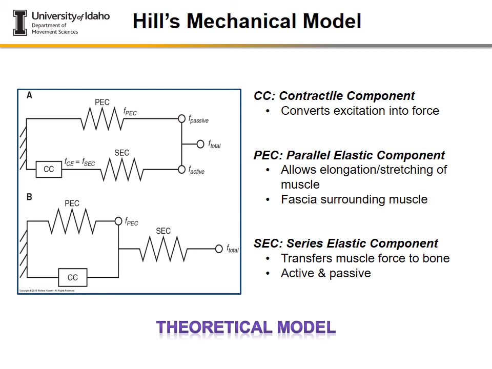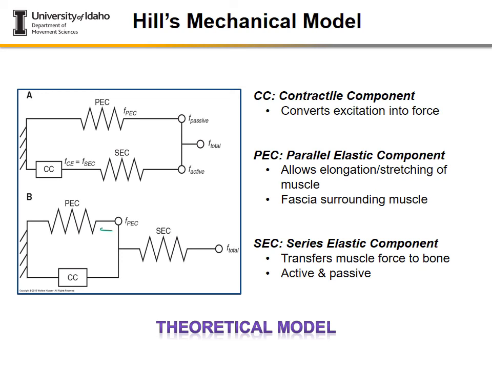The final component of this model is the series elastic components. These are the components that fall in line with the contractile components, and they transfer the muscle force to the bone. There are active and passive regions of this, as you can see with the titin and nebulin, and there are other tendons and ligaments that also act in this active and passive way.